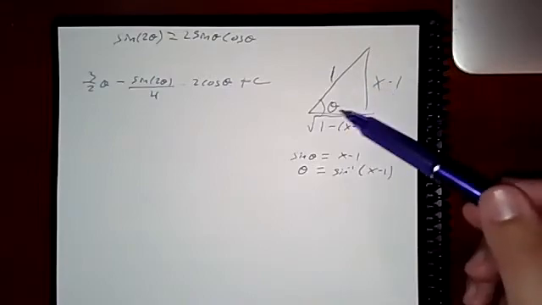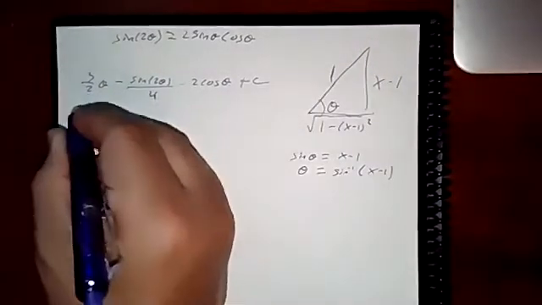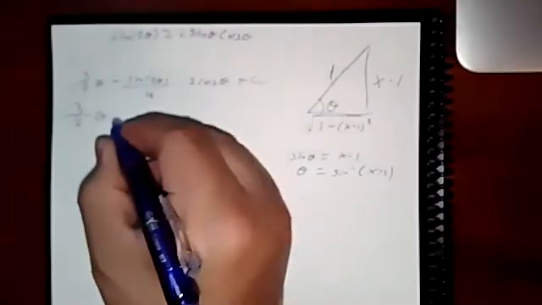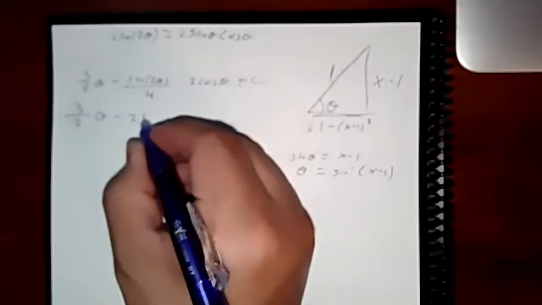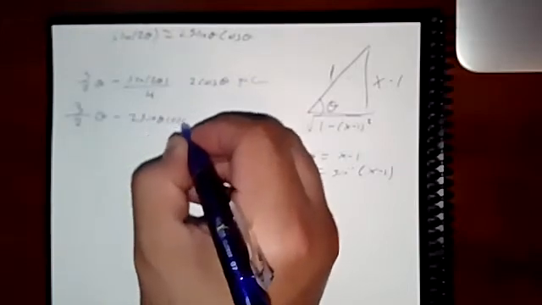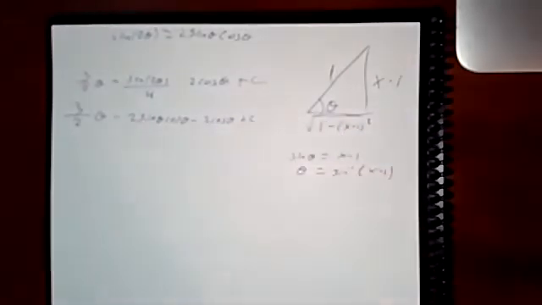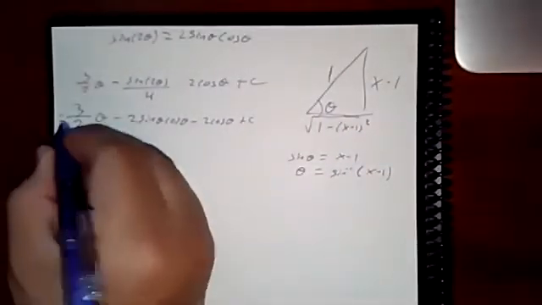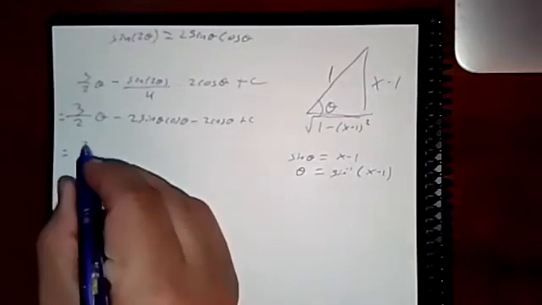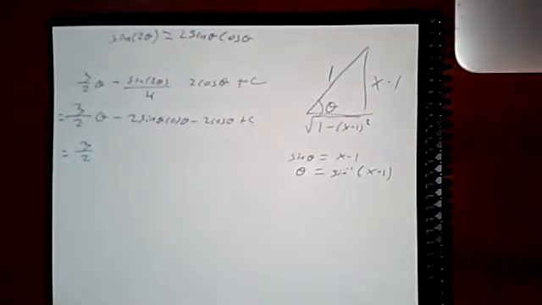This is regular theta. So I'm going to rewrite that as minus 2 sine theta cosine theta minus 2 cosine theta plus C. Okay. So all your pre-calc is coming back, right? I need more space.